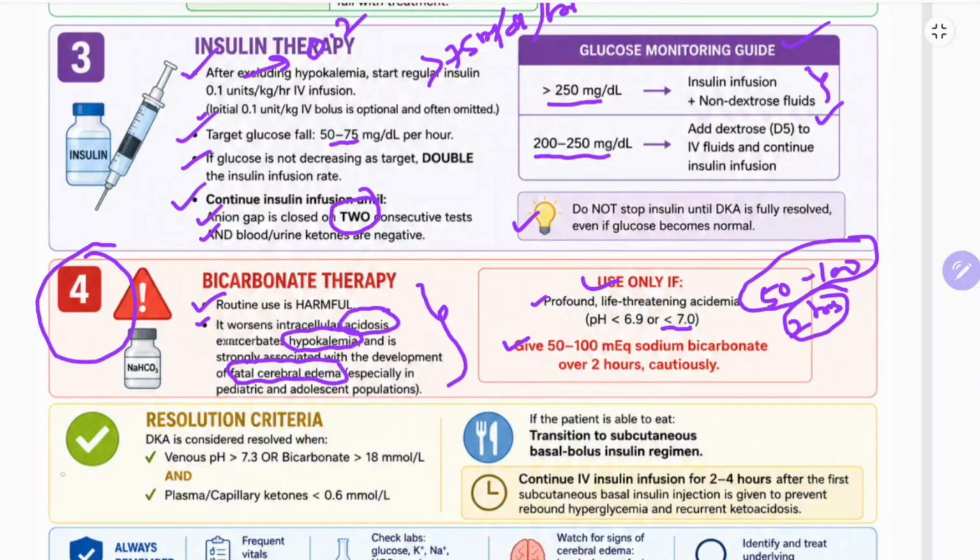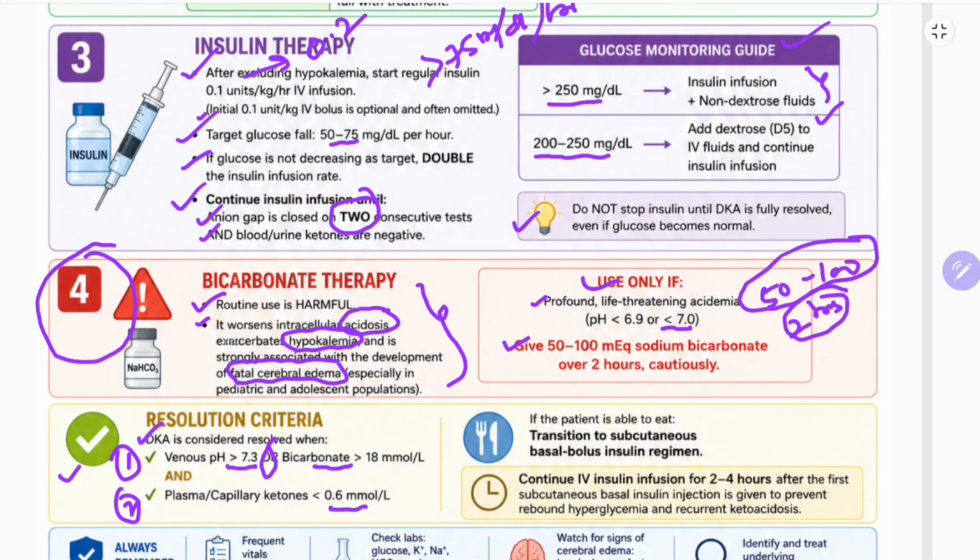Resolution criteria: DKA is considered resolved when pH rises above 7.3 or bicarbonate rises above 18 millimole per liter. This is one condition, meaning the acidosis is gone. Second, plasma and capillary ketone levels should be less than 0.6 millimole per liter, or urinary ketones should be 0.